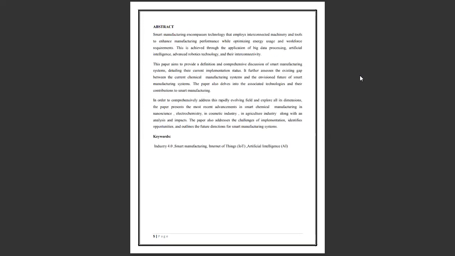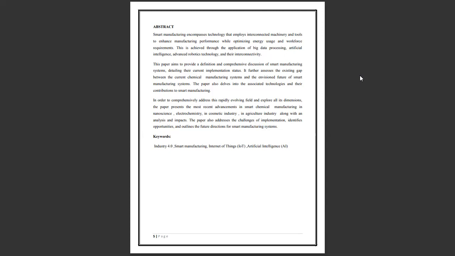Now, let's start this article from the abstract. The abstract shows all the research and review of this article. It starts with: smart manufacturing encompasses technology that employs interconnected machinery and tools to enhance manufacturing performance while optimizing energy usage and workforce requirements.